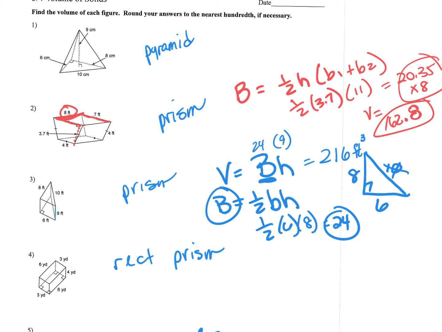Let's talk about pointy things. The 2 formulas for pointy things, which are the cones and the pyramids, all have a 1/3 in them. They both have a 1/3, okay? If you think of those little Dixie cups, let me go to another page here.